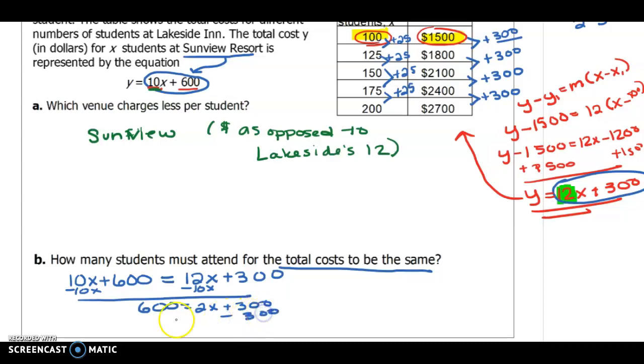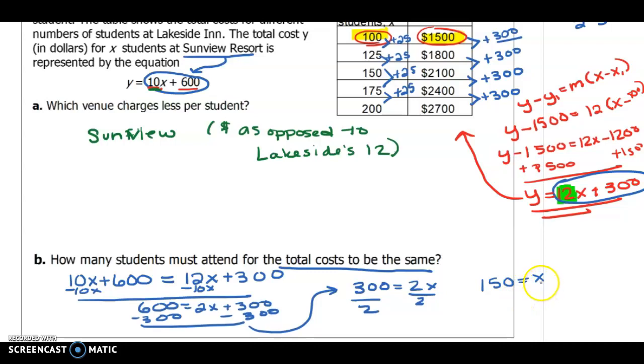Minus 300 on both sides, 300 equals 2x. Divide both sides by 2, I get 150 equals x. Remember, x is the number of students, so the cost will be the same when there are 150 students.